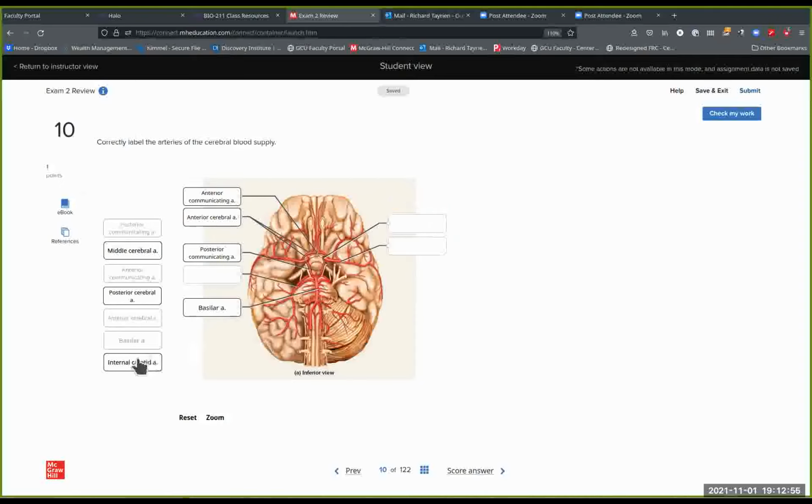Yes. What would that be? Middle cerebral. Mm-hmm. And then the posterior cerebral. We've kind of beat those to death, don't we? I think we know those pretty well.